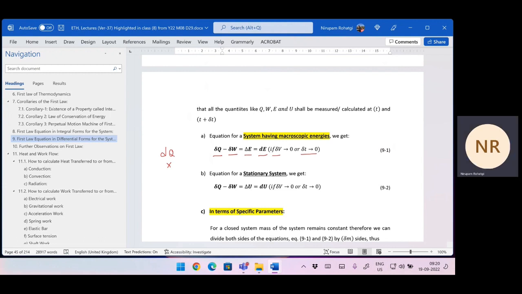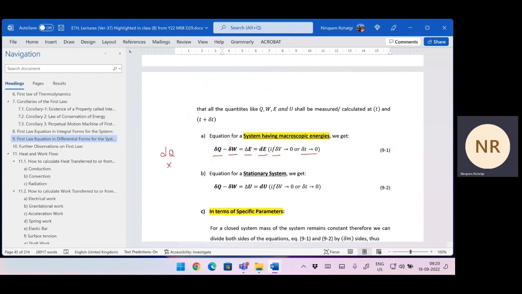The only thing you have done is take the first equation and make the time interval very small, or select only a section of the whole system. Then you will get del Q given to that part of the system, minus the work done by that part of the system, equal to the total energy change of that system.